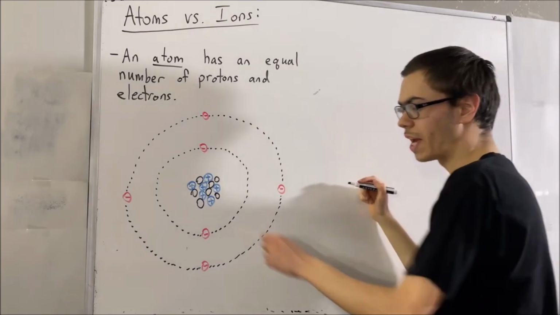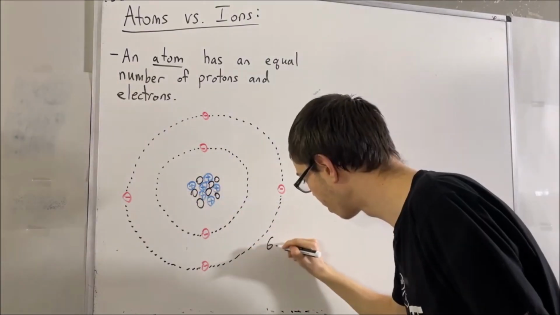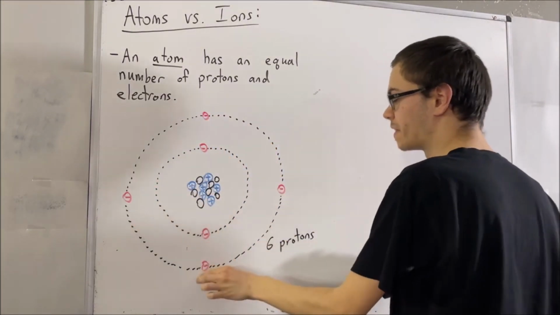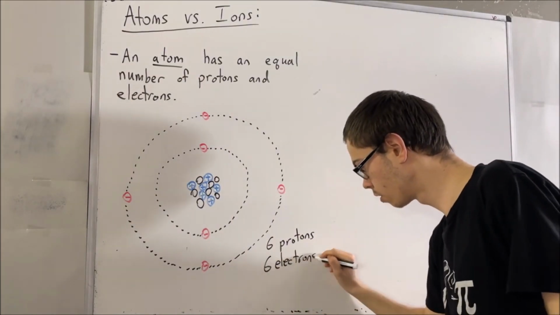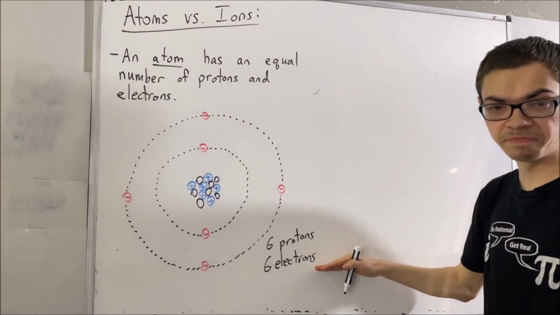So notice, we have 1, 2, 3, 4, 5, 6 protons, and we have 1, 2, 3, 4, 5, 6 electrons. So we have an equal number of protons and electrons.